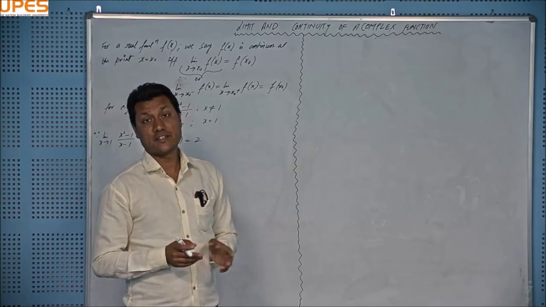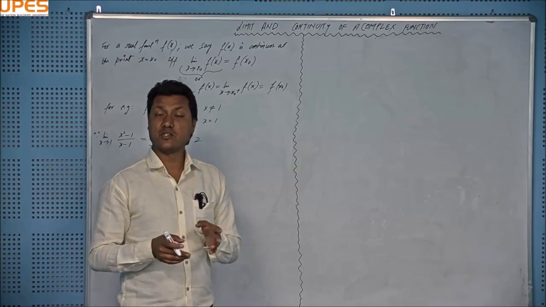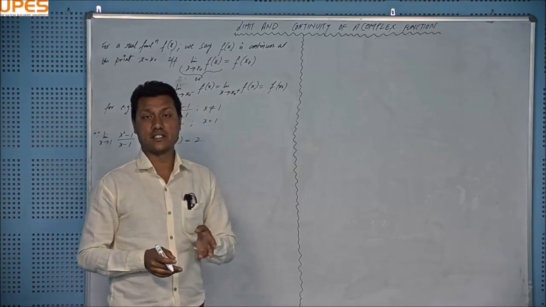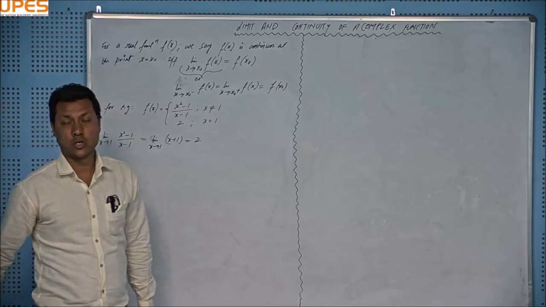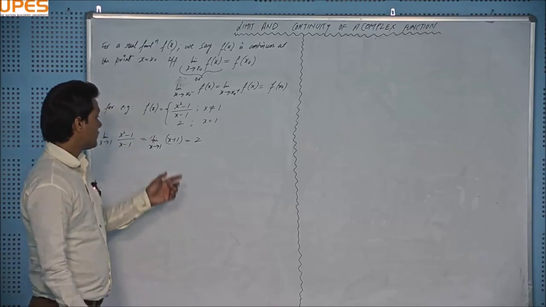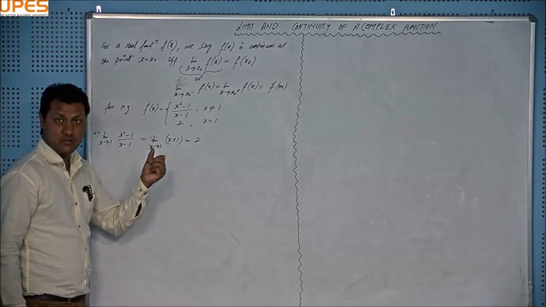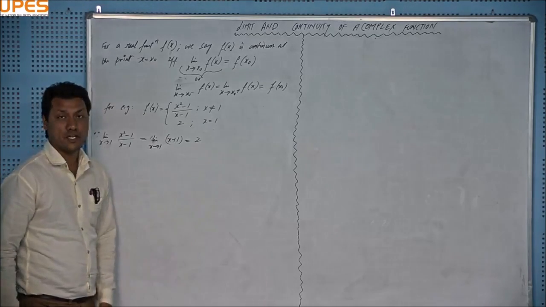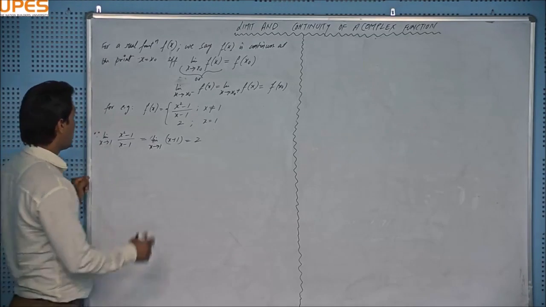Because if x is equal to 1, then x minus 1 equals 0, and in that case you cannot cancel x minus 1 in the denominator and numerator. So ultimately, after cancellation of the x minus 1 factor, we get the limiting value of this function as 2.